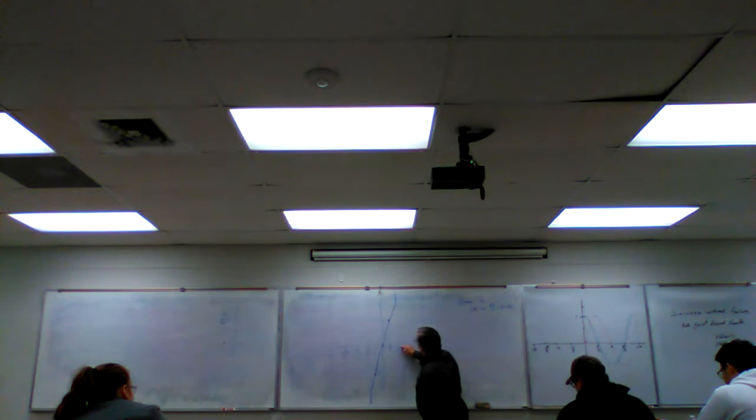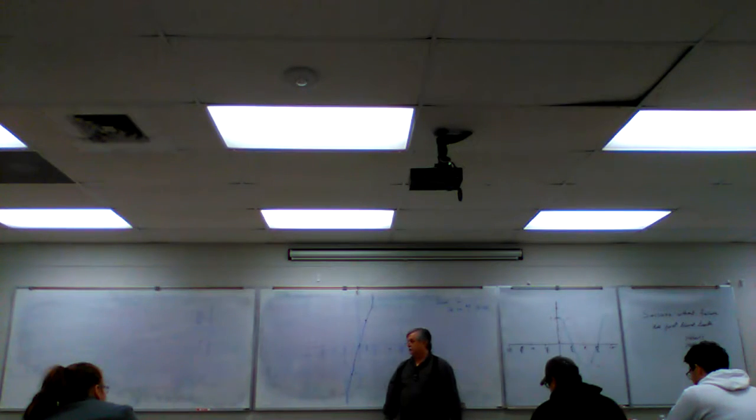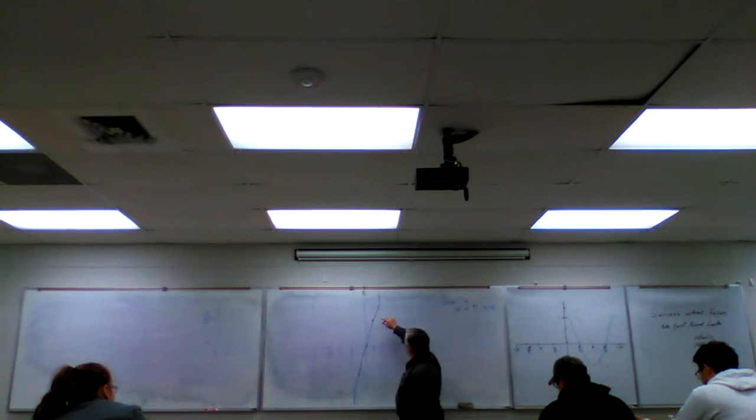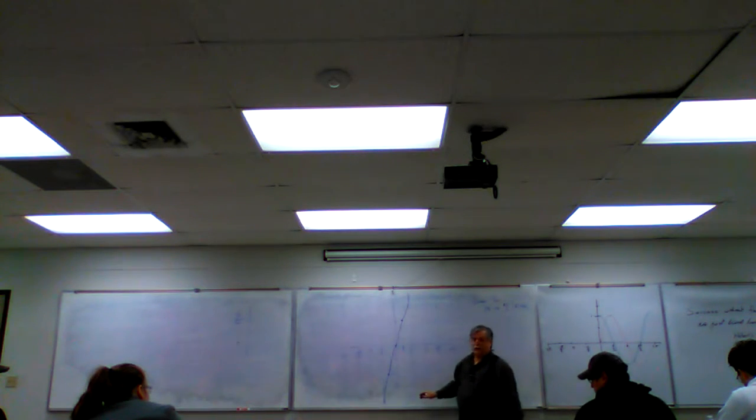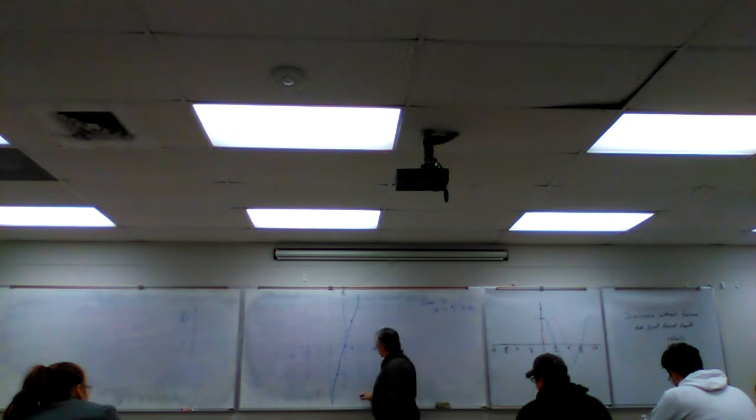So once you get just a little past pi over 2, what happens to the tangent function? It's going more and more positive. The instant you cross that asymptote, boom, it becomes very nearly minus infinity. It becomes strongly negative. And at 3 pi over 4, it's negative 1.